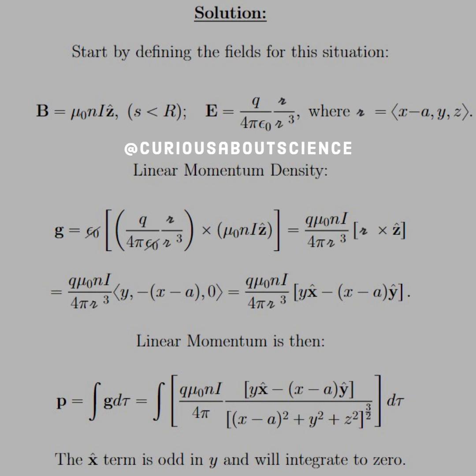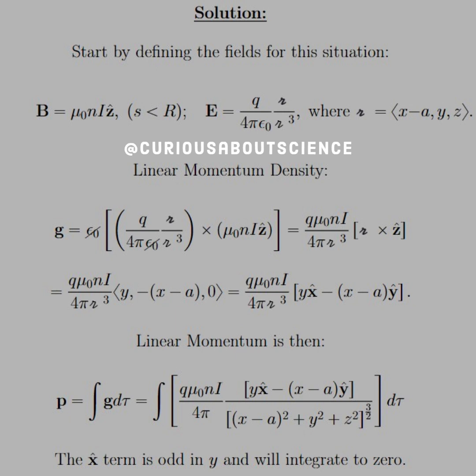Of course, the cross product can't be in the z direction since we're taking the cross product with z. So everything is checking out so far. In hat notation, this is y x hat minus (x minus A) y hat. Everything's good to go. Let's keep plowing on through.